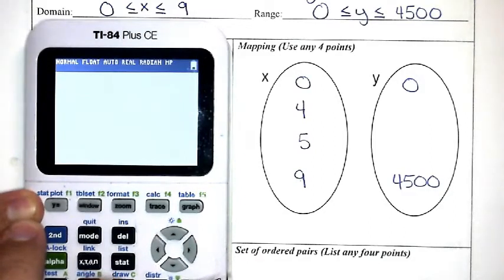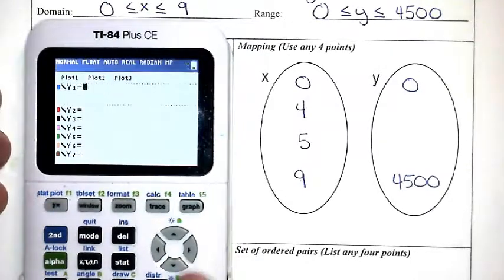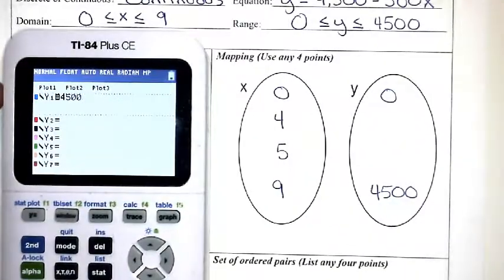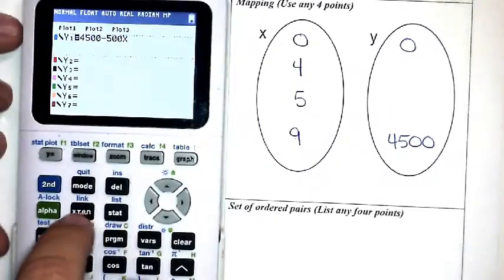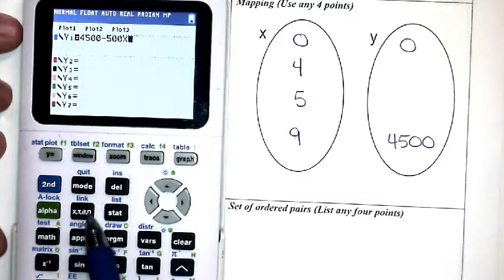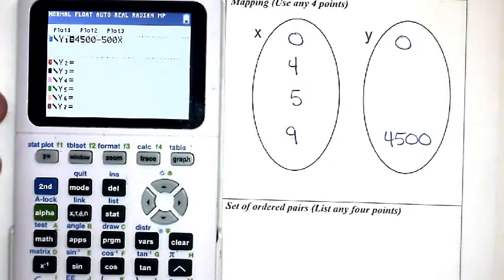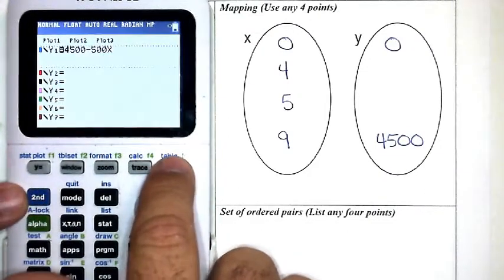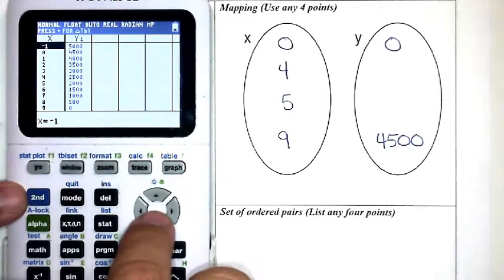In the equation, we're going to put this equation here: 4,500 minus 500 times x. To get the x variable, you hit that button right here next to the alpha. Don't touch alpha. Just click that button and it gives you your x. Then I want you to hit second, blue button, graph, and that gives me a table. It's this button right here. Just click that.